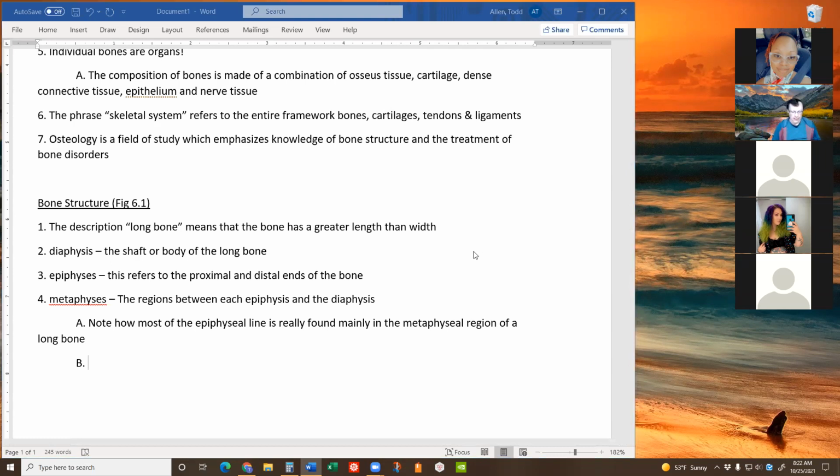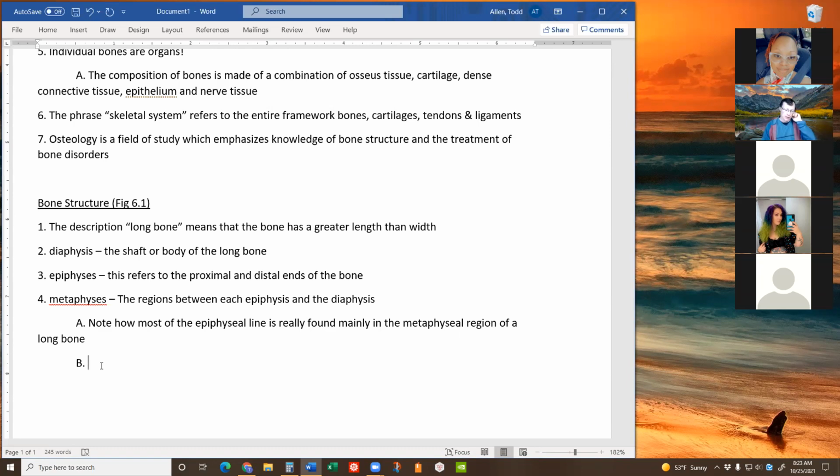Now let's talk a little bit about this epiphyseal line. I'm going to put the notes here underneath the metaphysis because that's where this is located. You know that our bones, particularly our long bones, have the ability to lengthen and get longer as we grow up. That way we don't stay 2 feet tall when we're 3 years old, and we grow up to be 5, 6 feet tall.